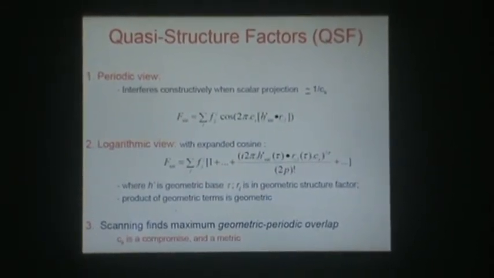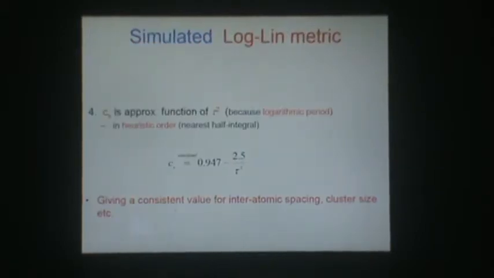And what is the value of the metric? I give you an intuitive value first, and then a simulated value. And the intuitive value is that it's got something to do with the logarithmic periodicity, tau squared divided by tau squared. And it's got something to do with the heuristic order, half integral.